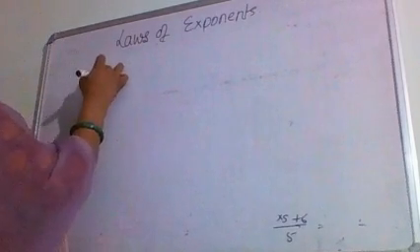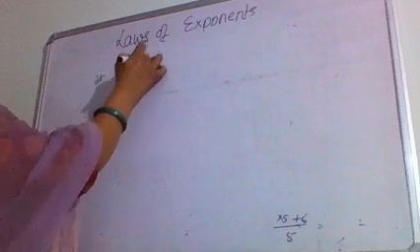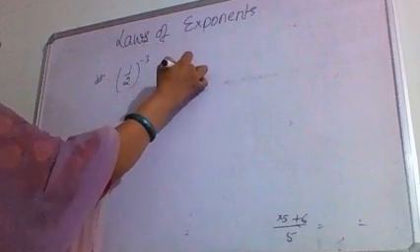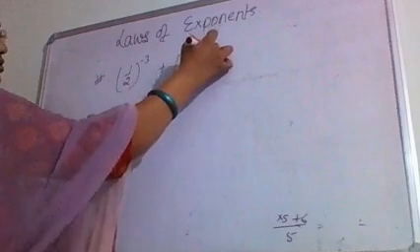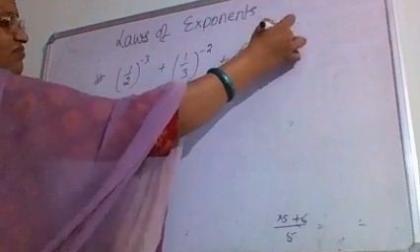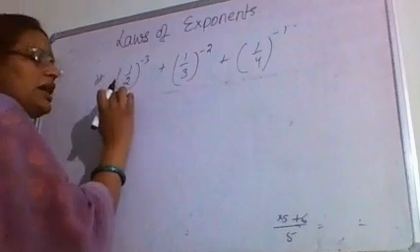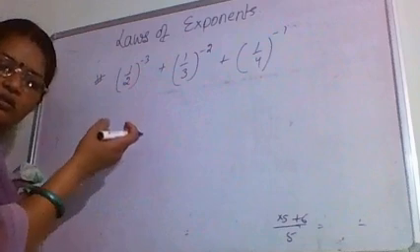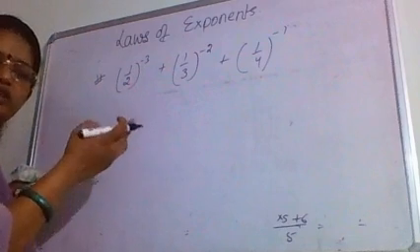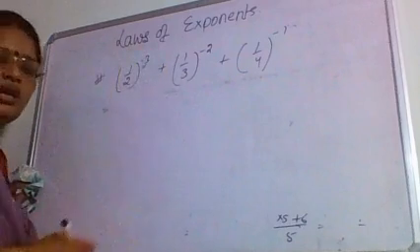The next example is 1 by 2 raised to power minus 3, 1 by 3 raised to power minus 2, and 1 by 4 raised to power, say, minus 1 only. Because my inside bracket terms are already simplified, no need to simplify further. So I come to the outer bracket.